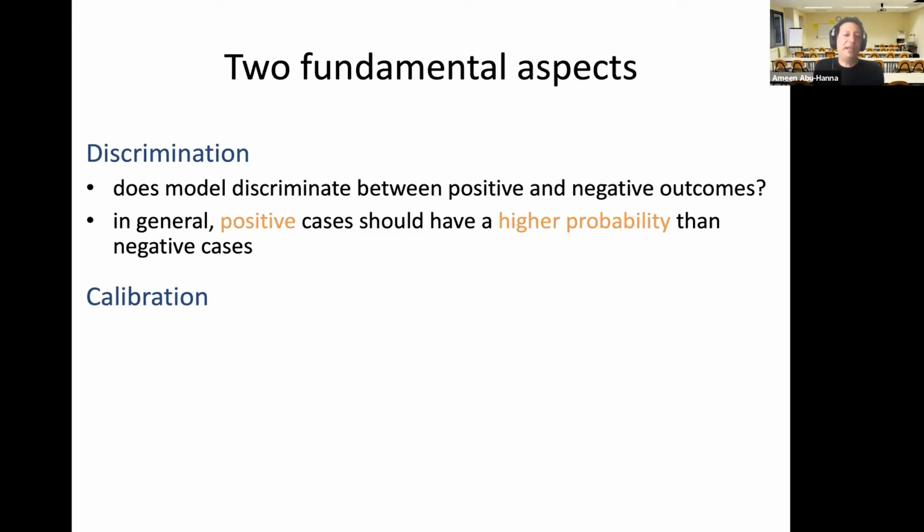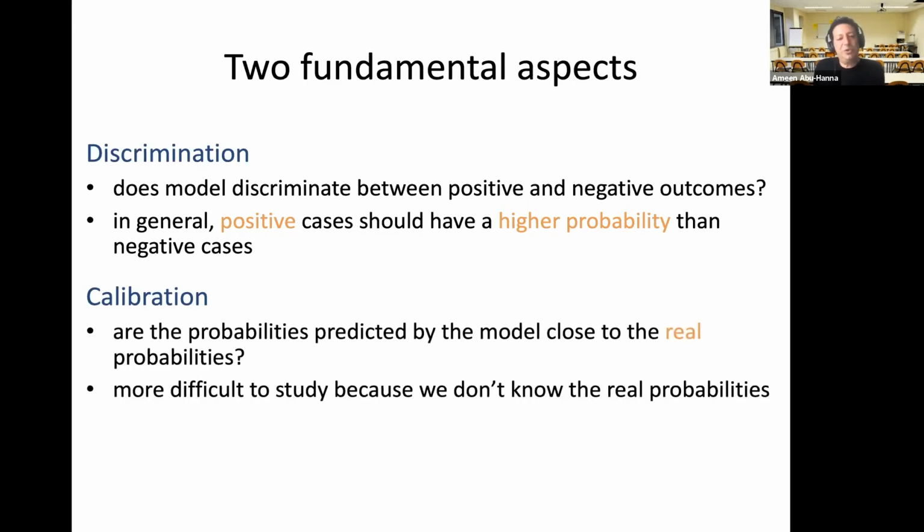Calibration is really different. An important thing that's getting more attention now, fortunately. And it is really when you give me a prediction. Remember the model I showed you at the beginning that gave me a prediction of 3% of having a heart attack within 10 years. I just want to know, is it the real probability? You gave me 3%.